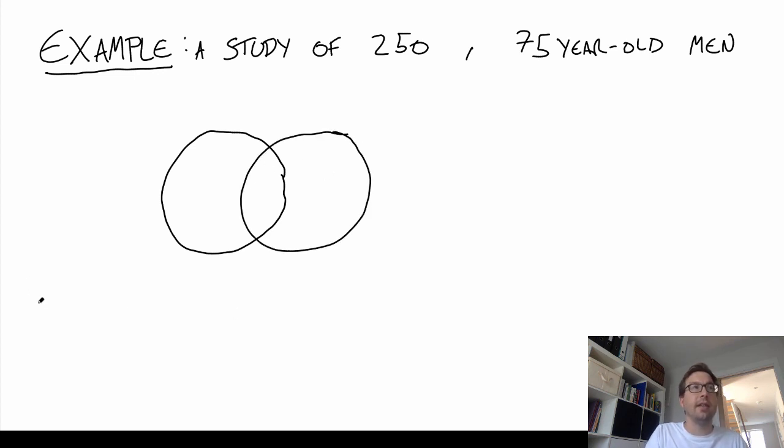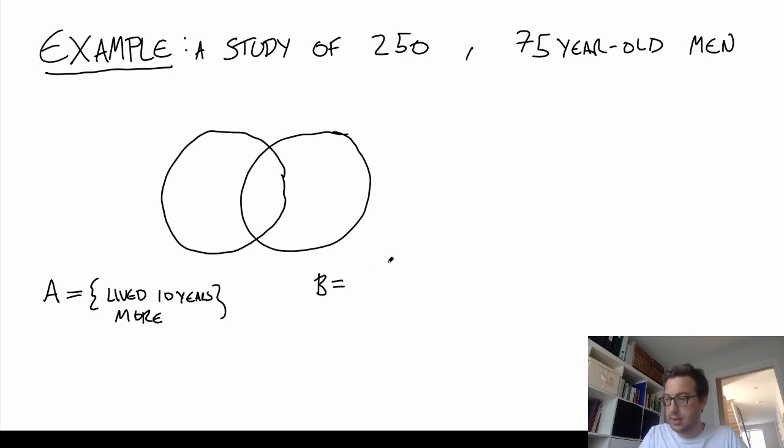If we draw a Venn diagram, we let A be the people who lived 10 years more, on this side of the Venn diagram, and B whether they ate fruit or not. We get some numbers.